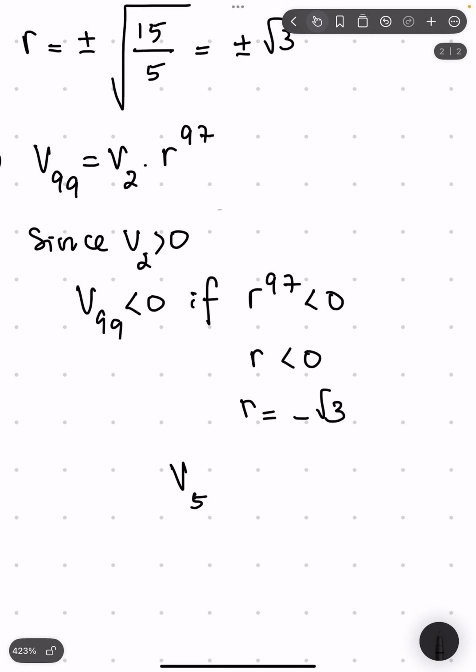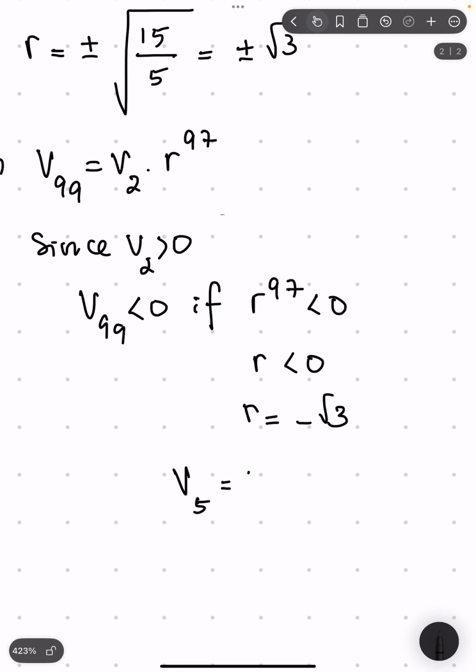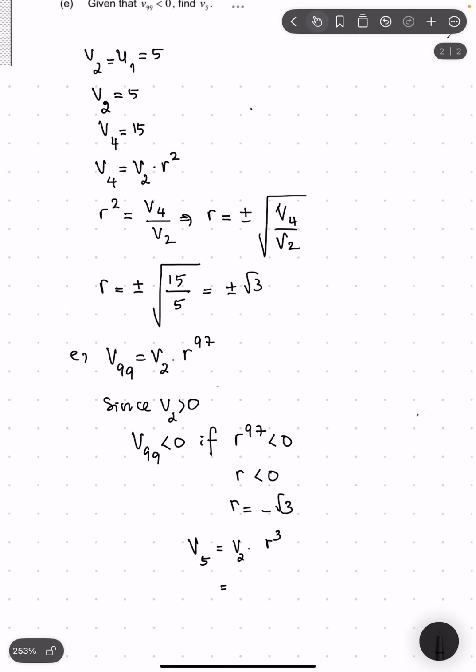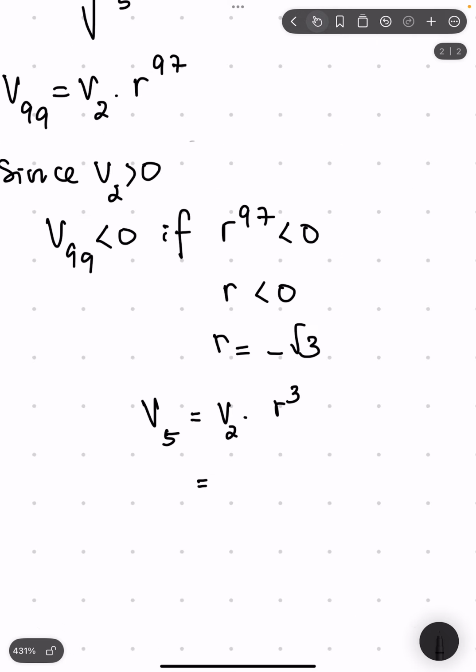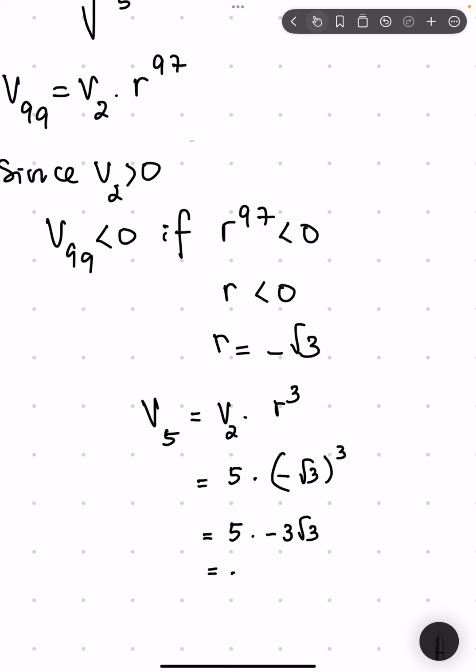So V5 equals V2 times r to the power of 3, which is 5 times negative root 3 cubed. That is 5 times negative 3 root 3, so negative 15 root 3.